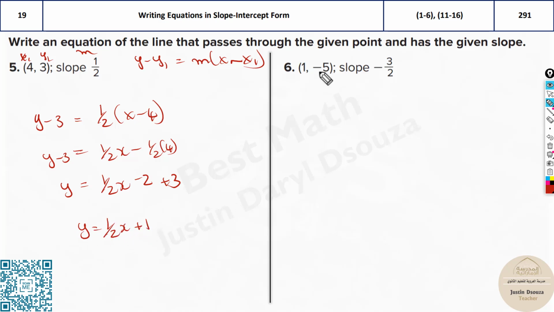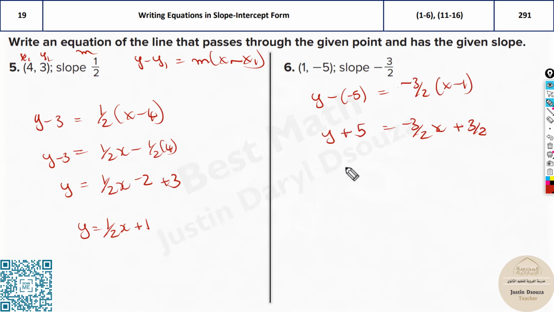This is the answer. Now here as well, it'll be y minus of minus 5 equals minus 3 by 2 times x minus 1. So it's minus 3 by 2 x plus 3 by 2. When you multiply anything by 1, it's the same thing, but minus and minus becomes plus, and here it is y plus 5. So y is equal to negative 3 by 2x.